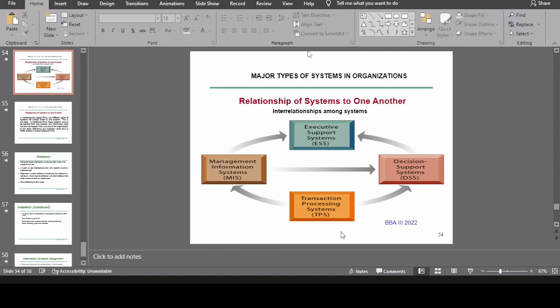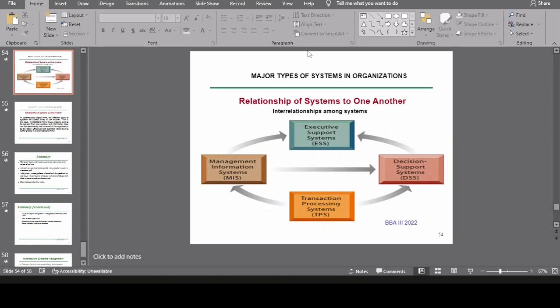Now, for example, when we look at the management information system, let's take an example of statistics of human resource. Such statistics will not be needed by the executive straight away, but they will need to be disintegrated and made simple for them to take quick decisions.